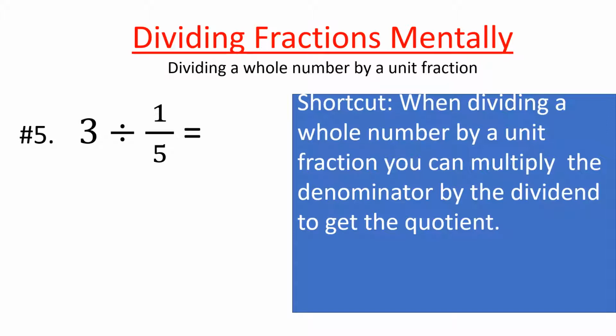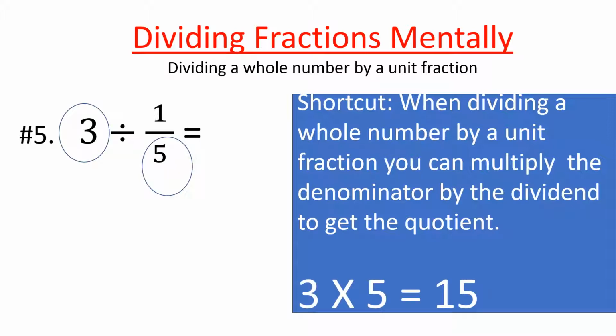Think about it. How many times does 1/5 fit into 1 whole? It takes 5 1/5s to fit into 1 whole. So 5 times 3, because you have 3 wholes, would be 15. 3 times 5 equals 15. 3 divided by our unit fraction of 1/5 is also 15.